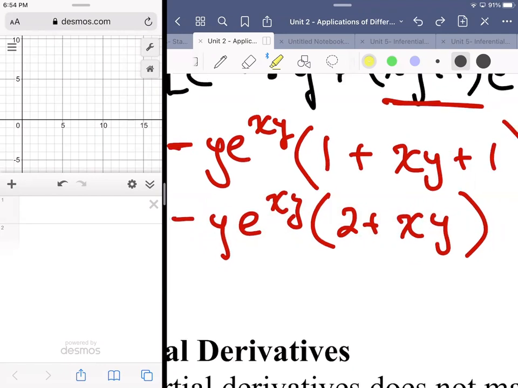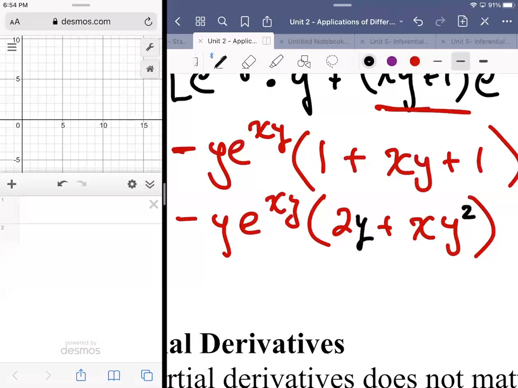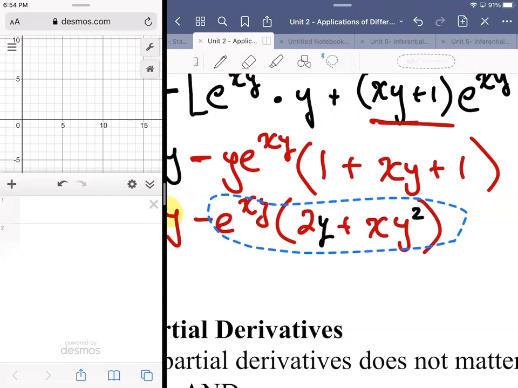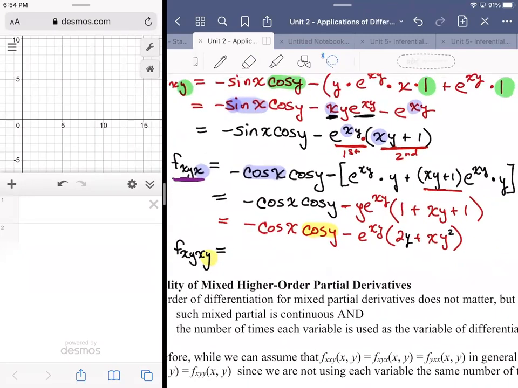What you can do instead is distribute the y inside the parentheses, even though it would still technically be another factor, you've now kind of pared it down so that you're only looking at a single set of factors, 2 factors that you can differentiate using the product rule separate.